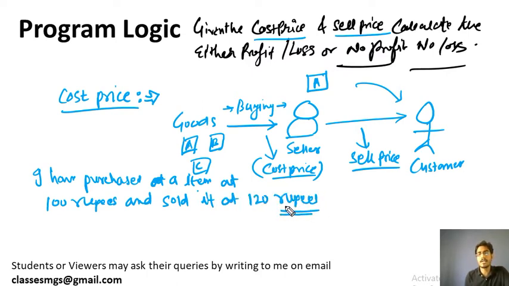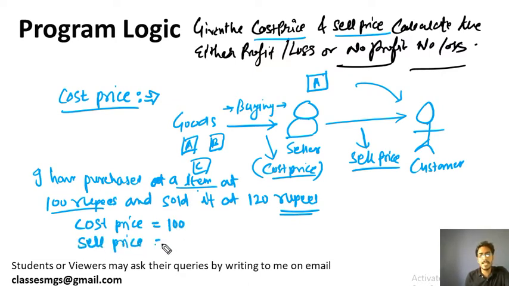What is the cost price? I purchased the item at 100 rupees, so this is my cost price. I pay 100 rupees for the item, and then I sell it to someone else at 120 rupees. That means I have earned a profit.